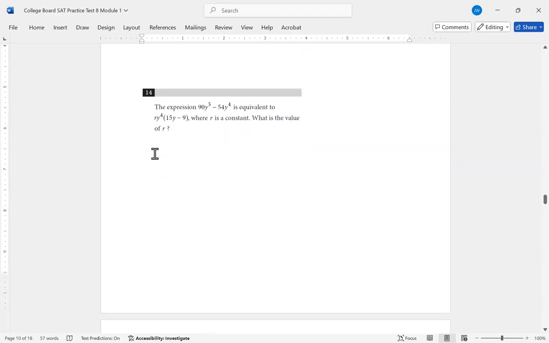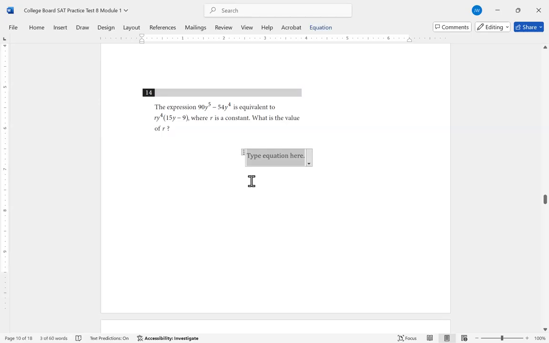Question 14 says the expression 90y to the fifth minus 54y to the fourth is equivalent to r times y to the fourth multiplied times 15y minus 9. Basically, we need to factor out a number and we need to be left with 15y minus 9 inside of parentheses.